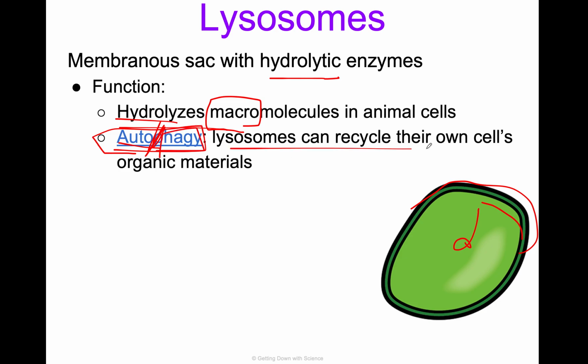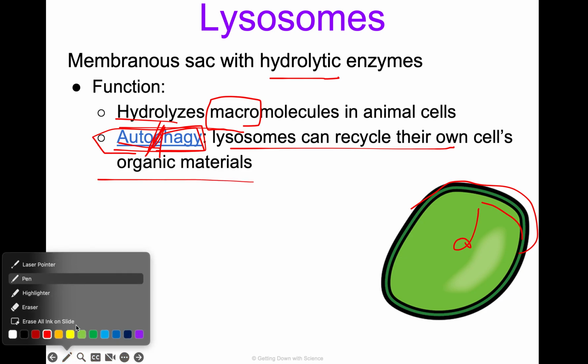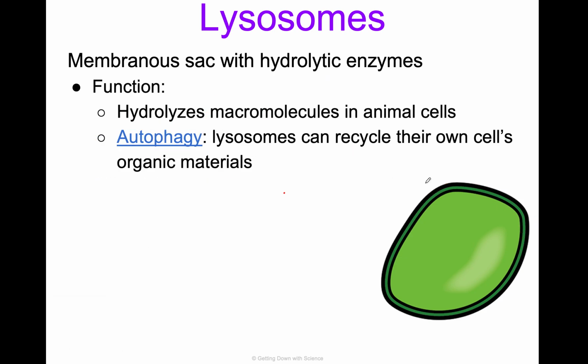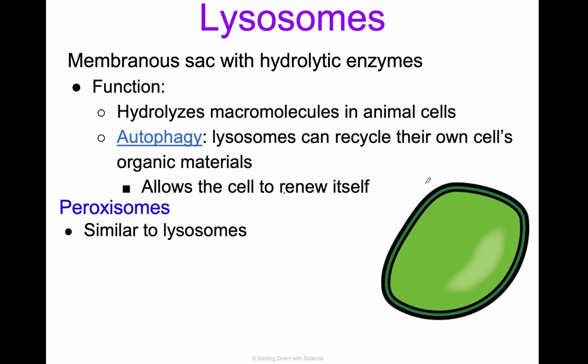So they recycle their own cells' organic material, right? They're like the trash collectors. They're the recyclers. It allows the cells to renew themselves and take out the trash. So if a process goes down and it breaks down, now we have some excess materials. Through this process of autophagy, these lysosomes can recycle it down to its basic components and we can reuse it.